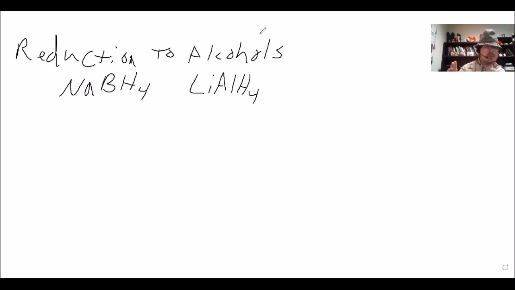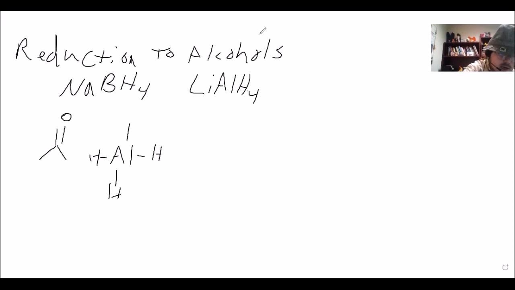Boron, aluminum, same column. These are 3 electron guys that essentially could not have an octet until we add an extra hydrogen. So the basic premise here is we add the aluminum hydride. It's negatively charged, where it allows us to add a negatively charged hydrogen, because hydrogen is typically less electronegative than most things, except for, say, aluminum.